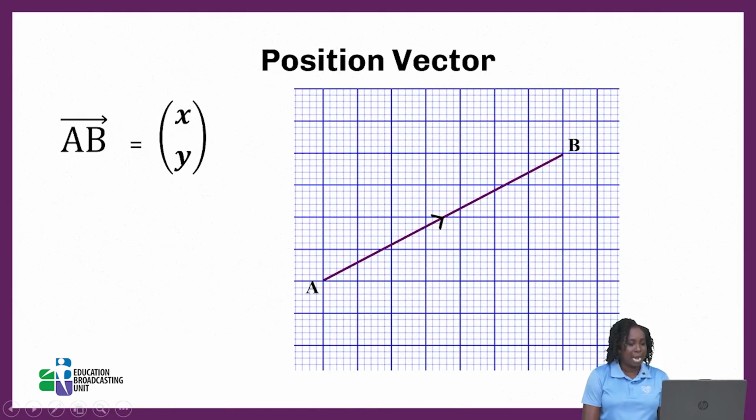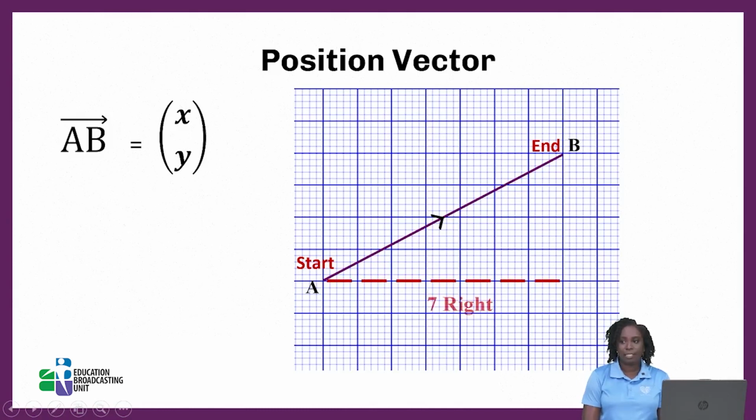So let's look at that same AB, and because it is called AB, that means A would be considered the start and B the end. So in order for us to come up with the position vector, we would need to count the spaces to show the direction. And of course, because our X value comes first, we are going to move left or right before going up or down. So when we start at A, naturally, based on the position of B, we are going to go to the right.